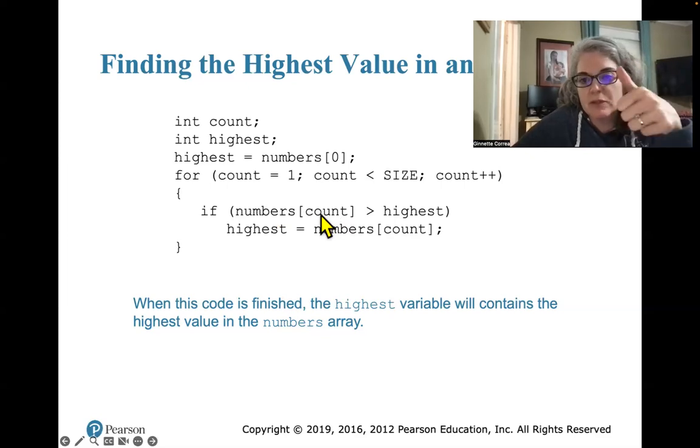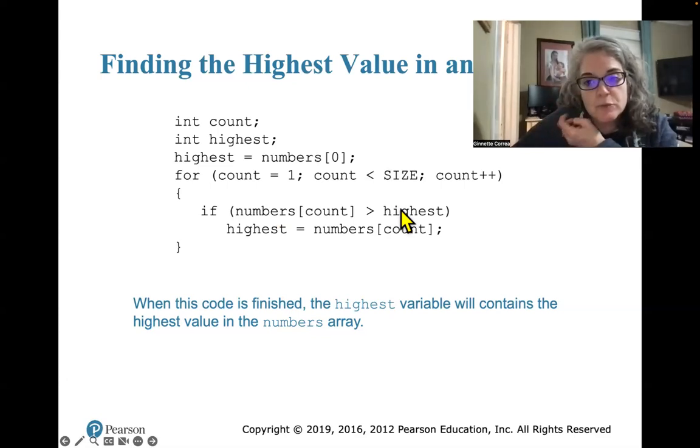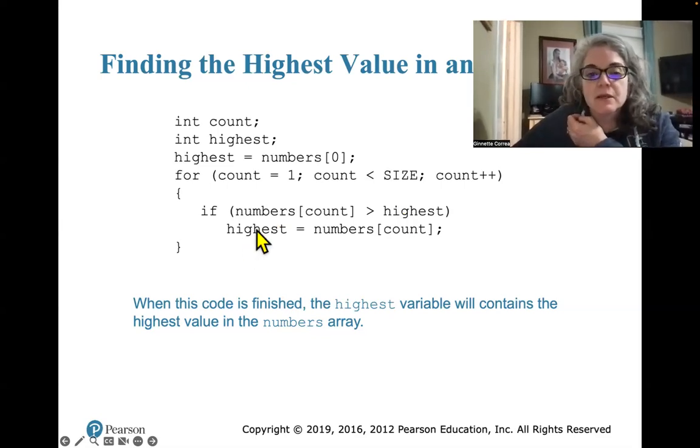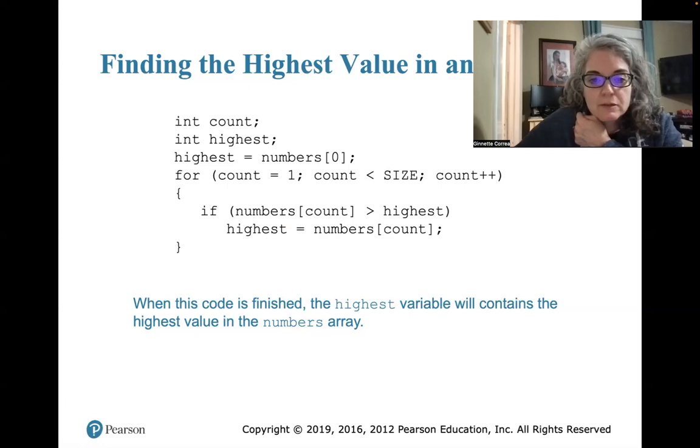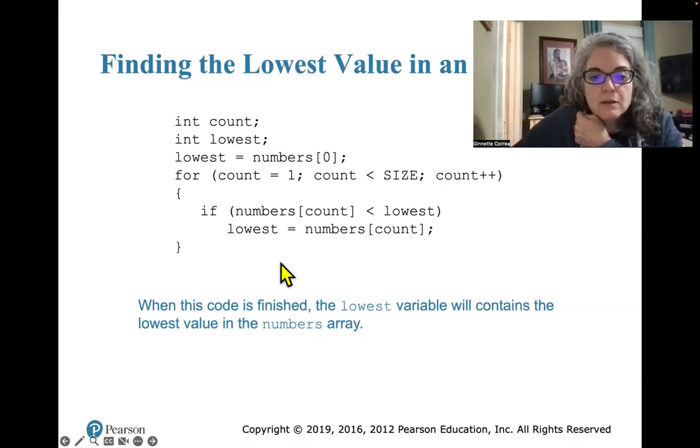So you're saying if number sub 1, the second one, is bigger than the first one, then we're going to switch. Bigger is the second one. For the lowest, you just do less than.